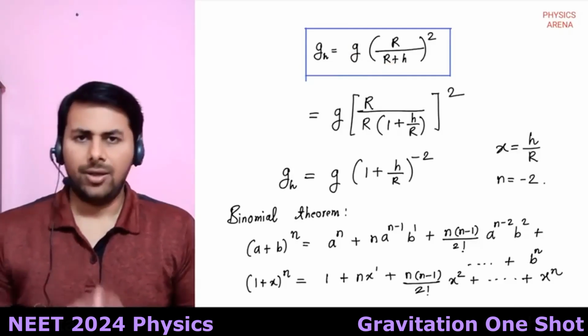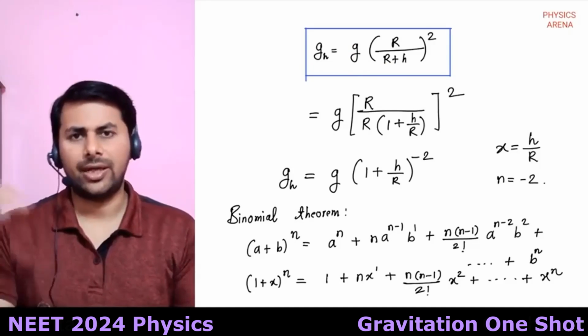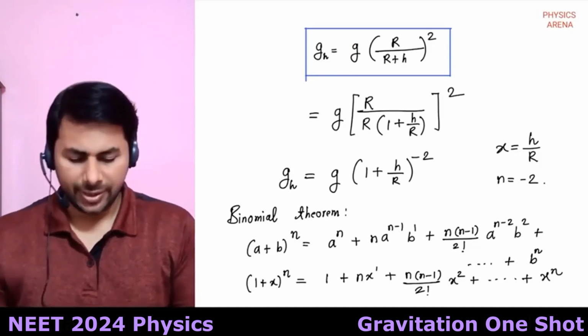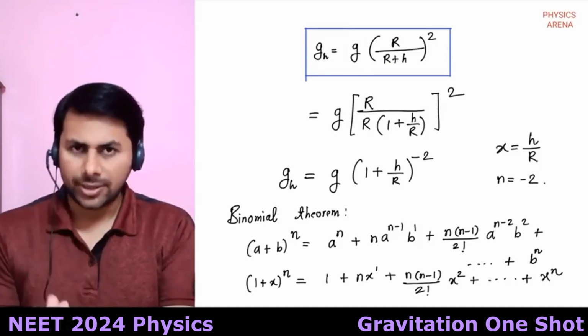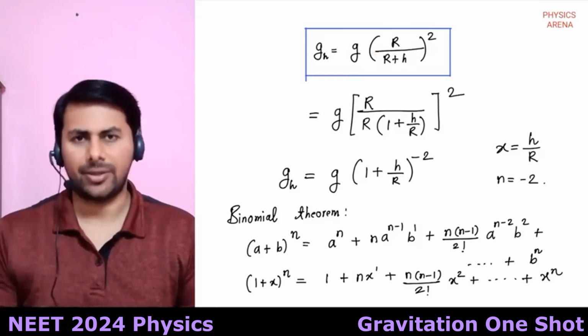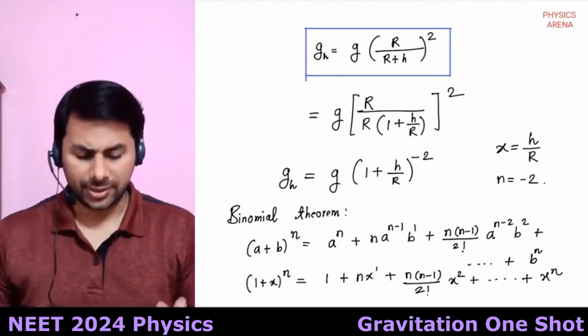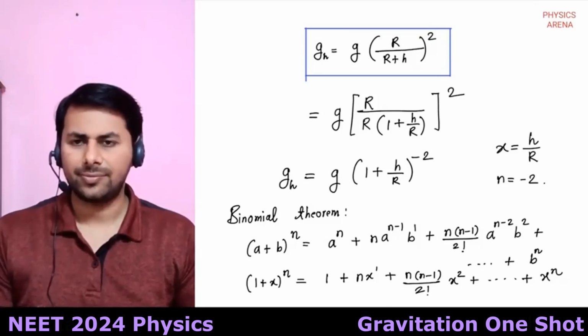So at any height, acceleration due to gravity will be equal to acceleration due to gravity on earth's surface multiplied by R upon (R plus h) squared. This is the exact formula. Is this thing clear?